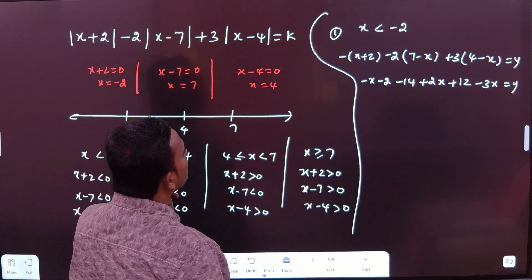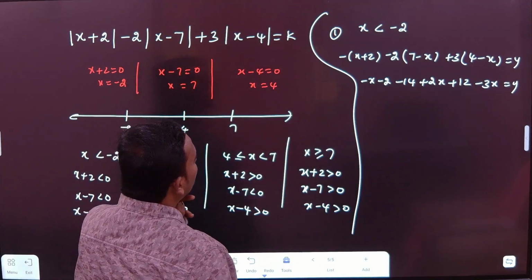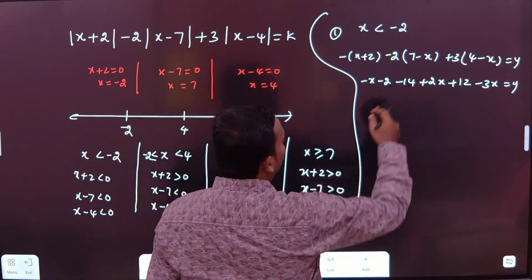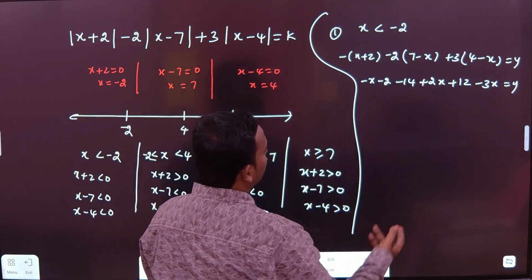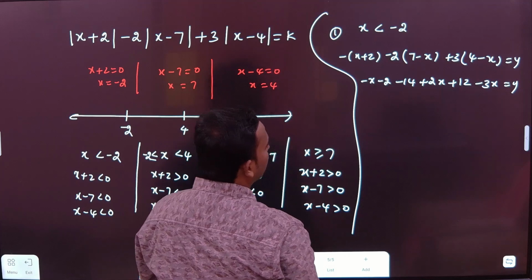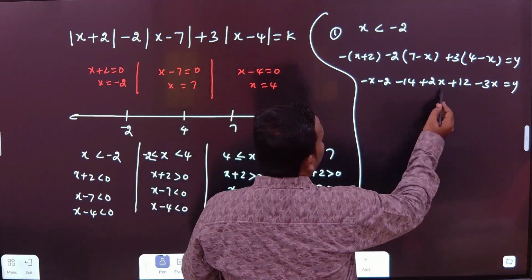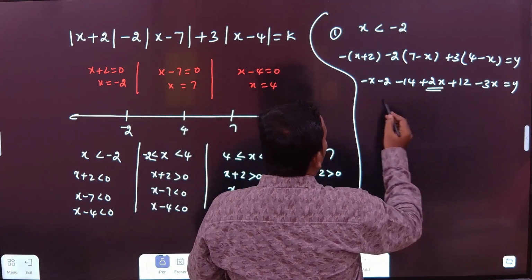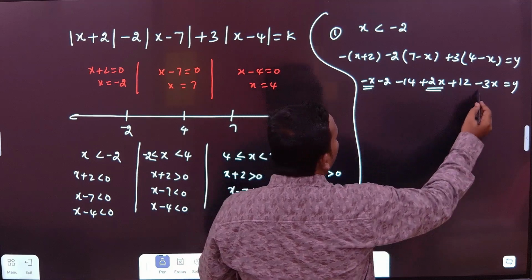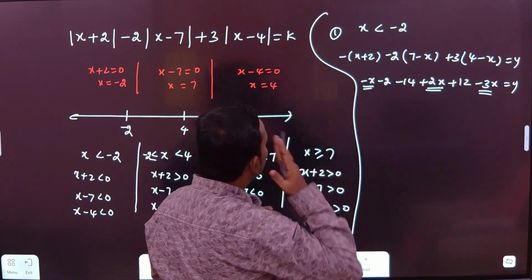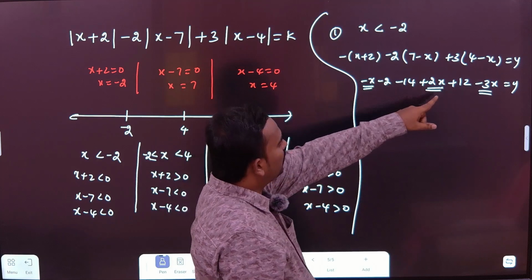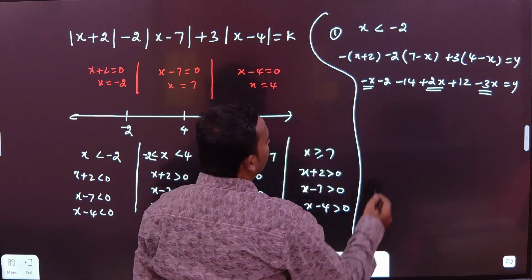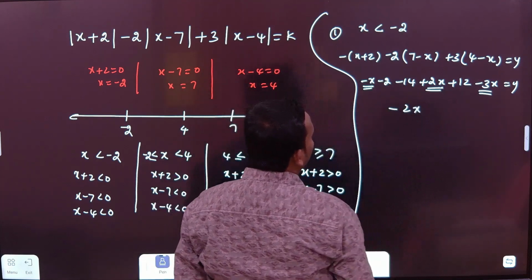Right? -x - 2 - 14 + 2x + 12 - 3x. Now you can see here, students, here x is there, and here -3x is there. 2x minus x is plus x, and plus x minus 3x is -2x, right? -2x.